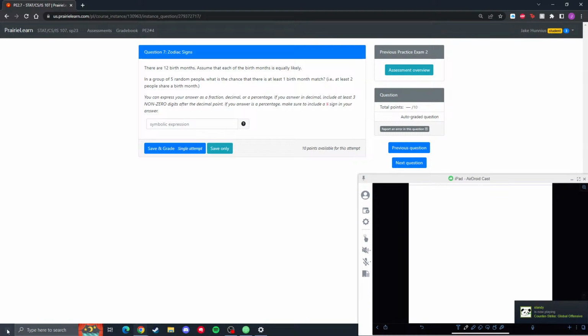So if we have 12 birth months, each person's going to have a random one, and we're looking for the probability that they match, and we're looking for at least one match. So again, this is P of at least 1 is equal to 1 minus probability of none.